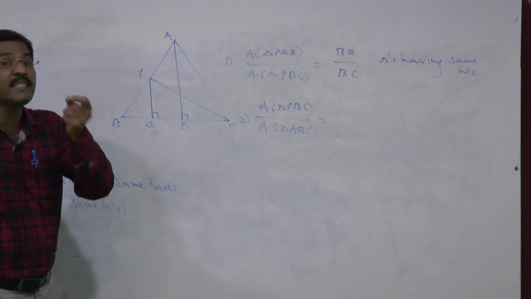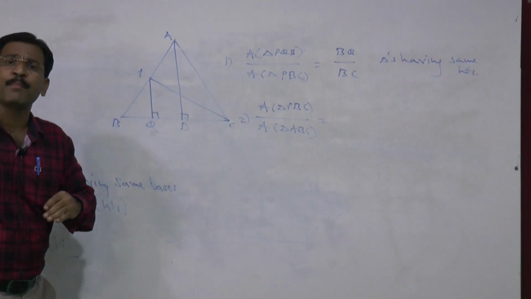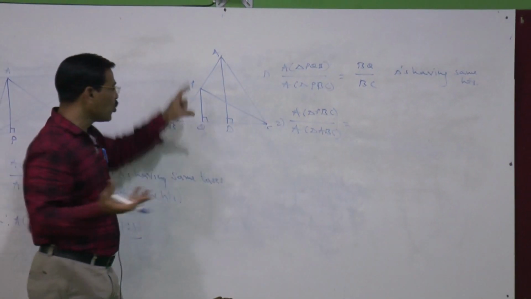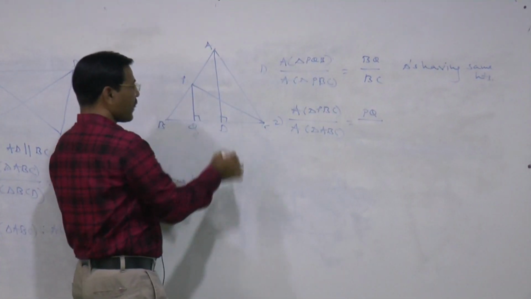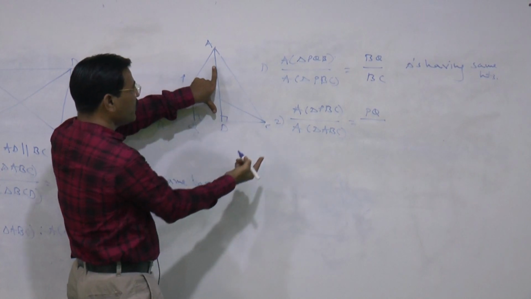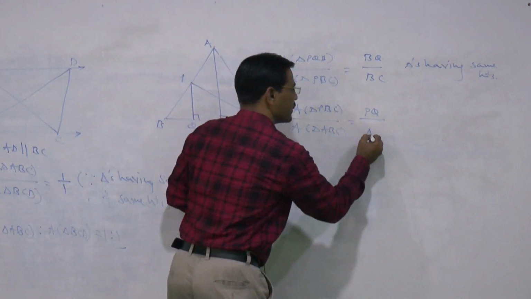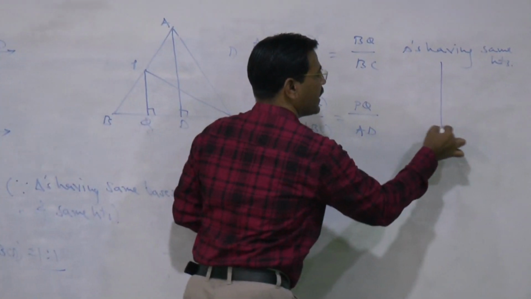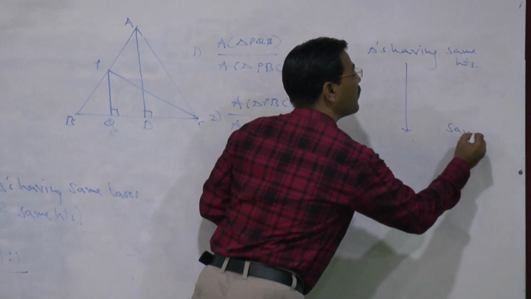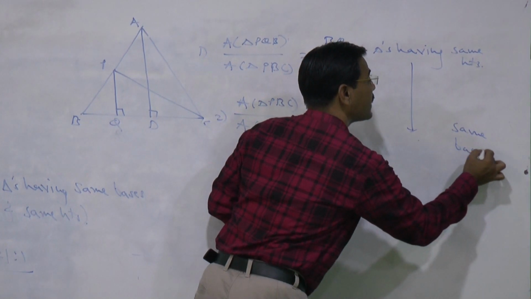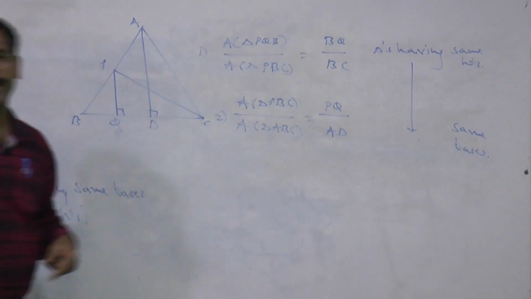Means they have the same bases, so they depend upon their corresponding heights. PQ is the height of PBC, and AD is the height of ABC. So what can we write? Triangles having same bases.